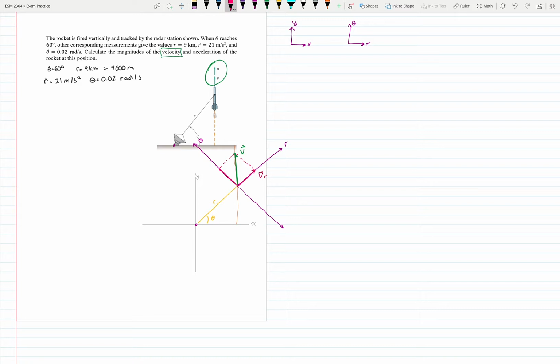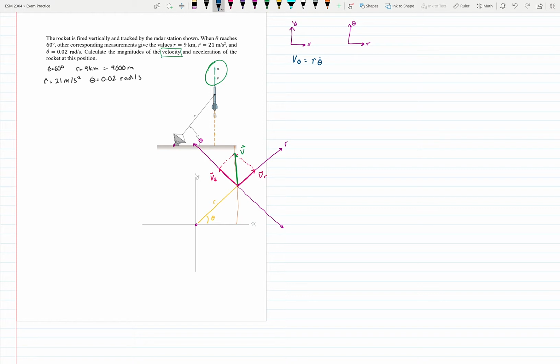This is the component of this velocity in the theta direction. And we know from the formulas that they're given to us, but you could also derive them. They're very long and they require several derivatives. But we know that v theta is equal to r theta dot. And that's one of the given values.